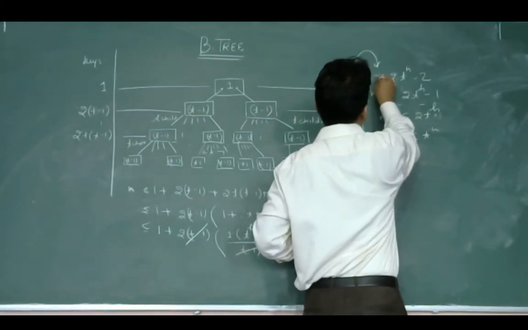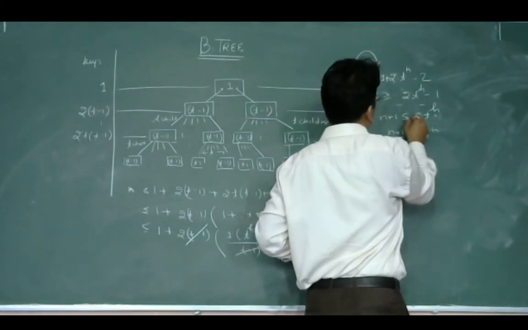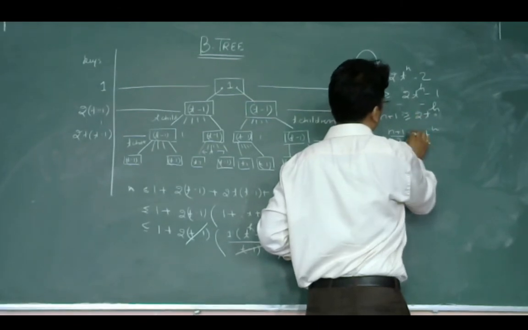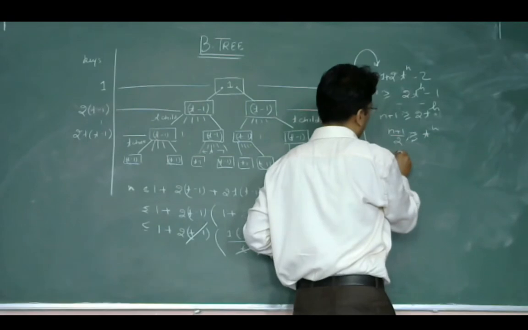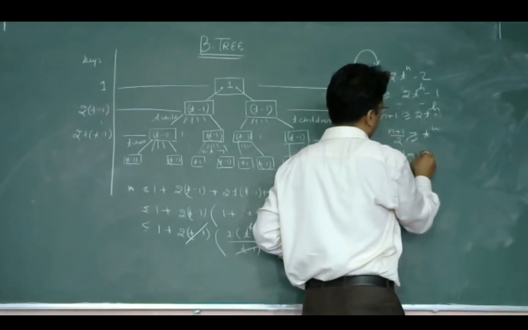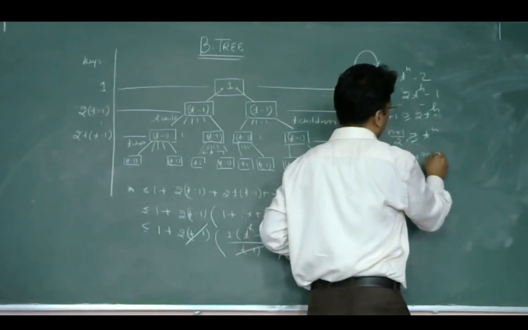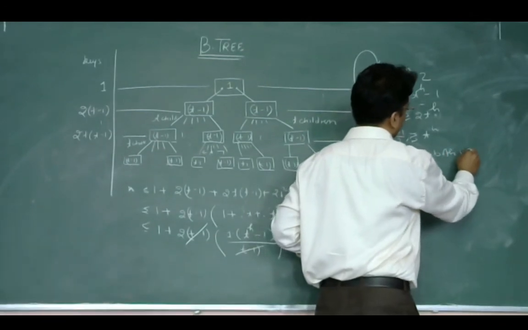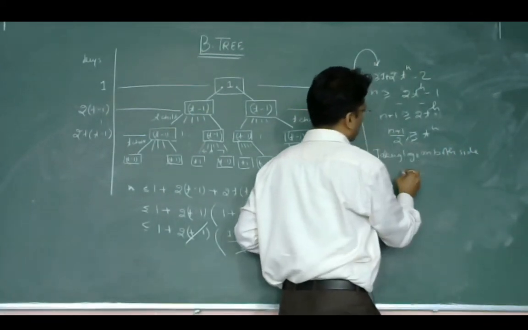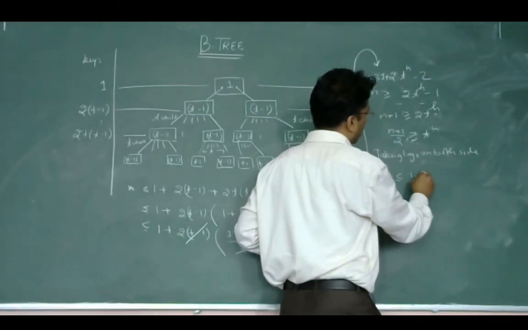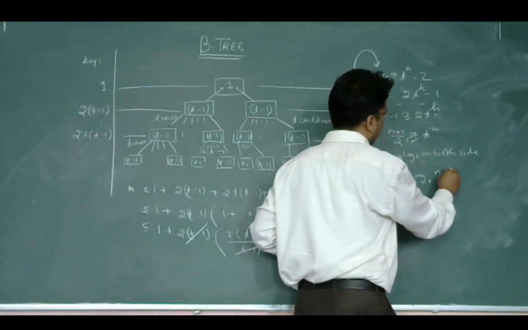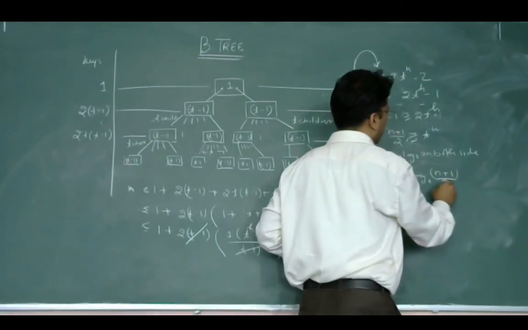The less than symbol remains the same. So taking log base t on both sides, h would be less than log base t of n plus 1 by 2.